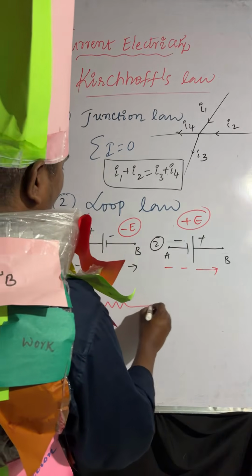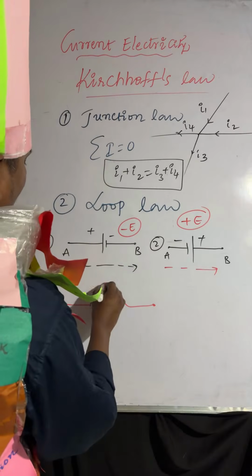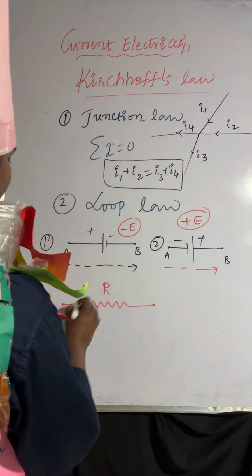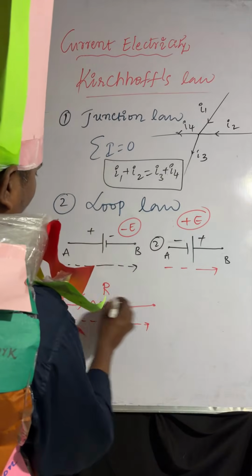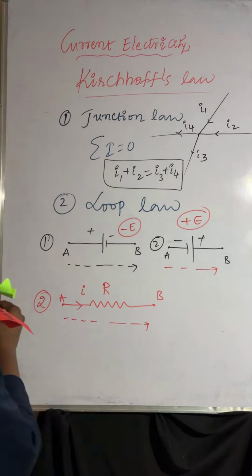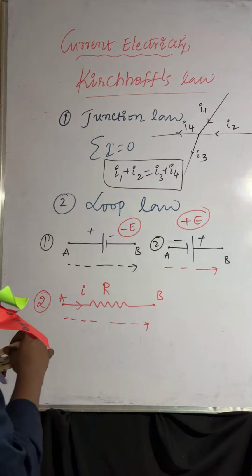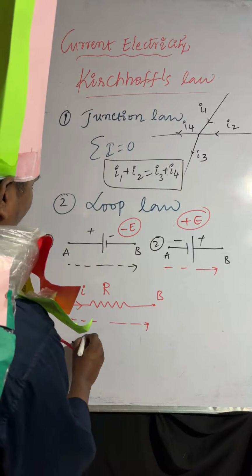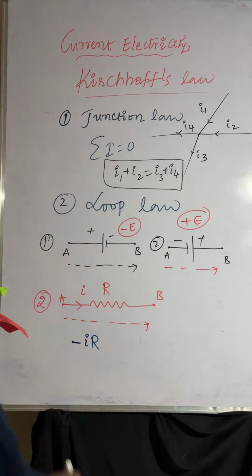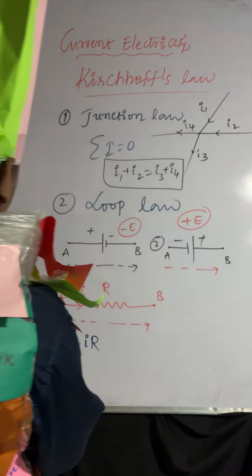So this is the resistor and the current is passing like this. If you are taking the path A, B, going along the path and at the same time along the current direction, then the IR term is negative. That is your third one.